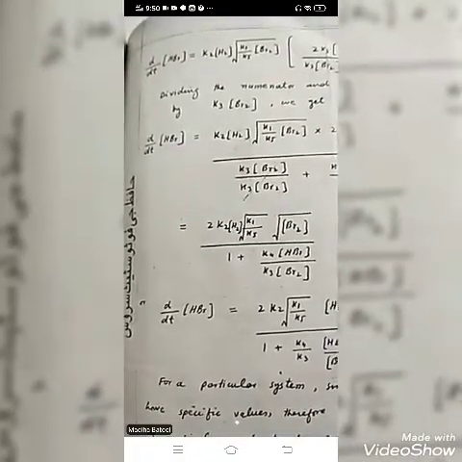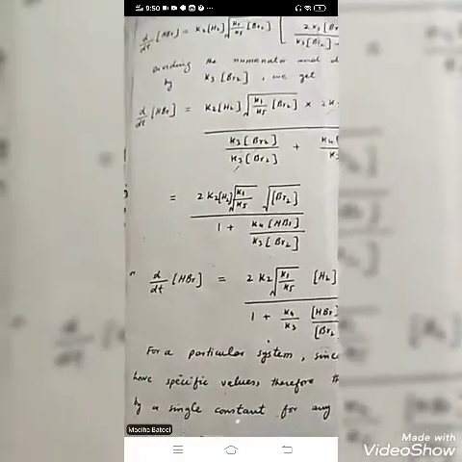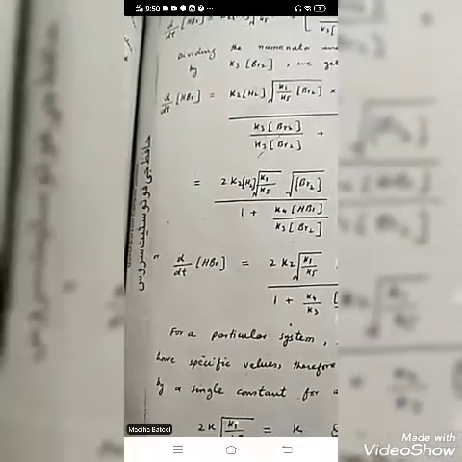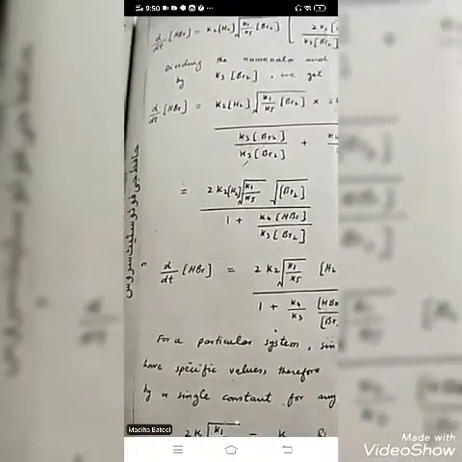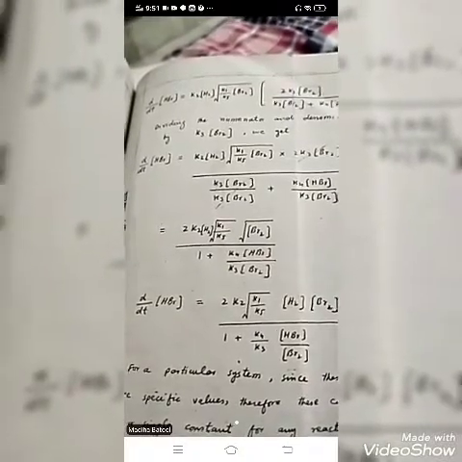Now you can divide the numerator and the denominator by K3 Br2, and you can find the final result for HBr by cancelling the K3 Br2 factors from upside and downside of the equation.